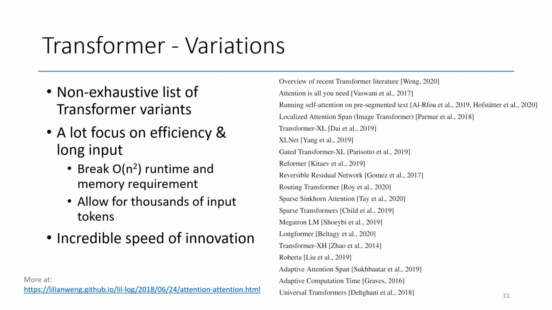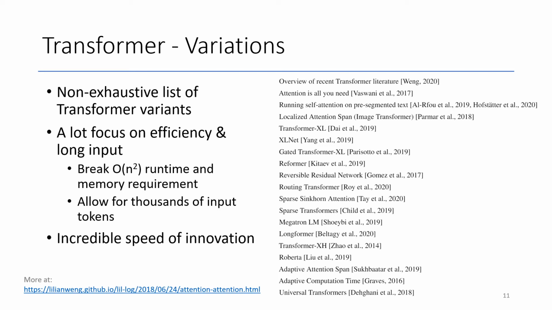So I would say this is a very non-exhaustive list of different transformer variants and improvements. There's a lot of focus on efficiency and how to handle long input to break this quadratic runtime and especially memory requirement.